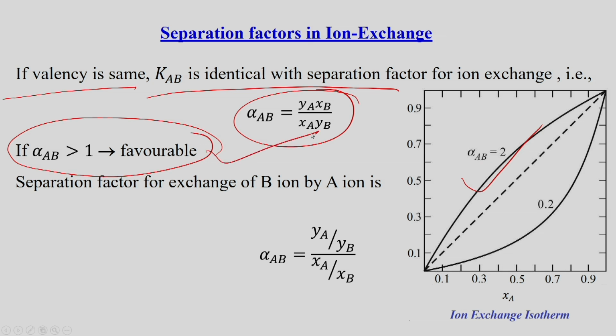If alpha A B is less than 1, then the ion exchange process is not favorable at all.